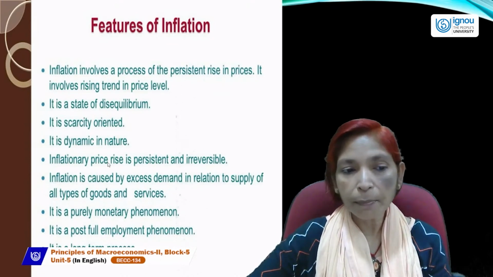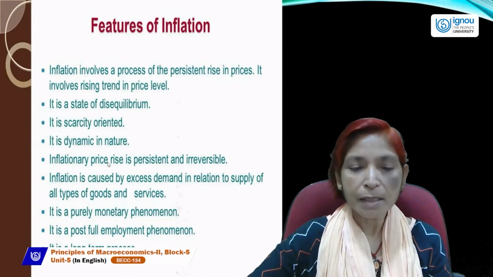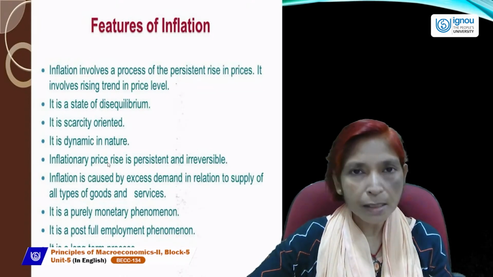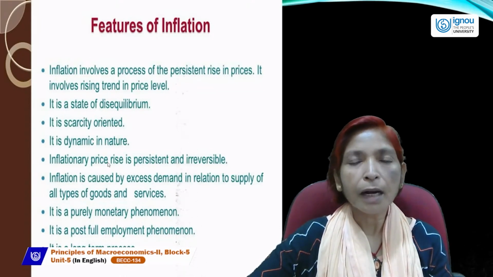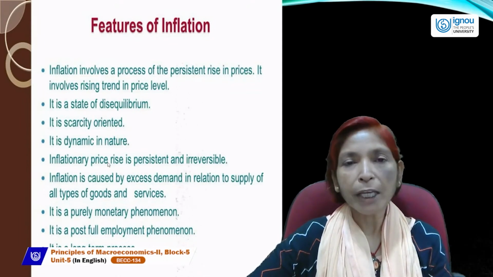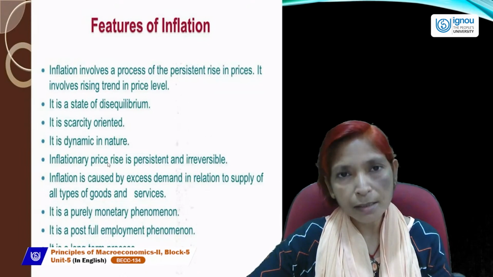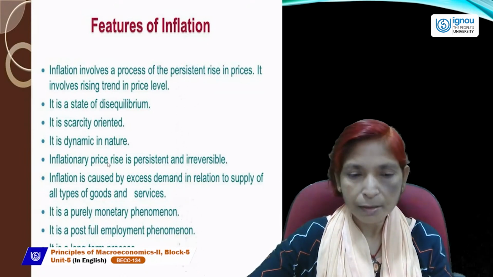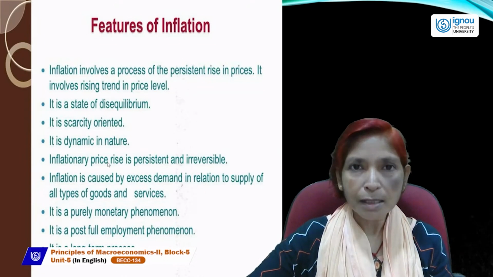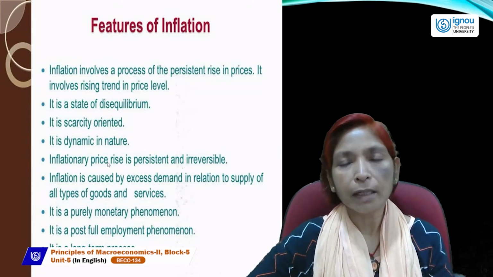Next is, inflationary price rise is persistent and irreversible. When price increases, then it can't be decreased. It only decreases in that situation when supply of that product increases and demand falls. Otherwise, if price increases, it will not decrease.